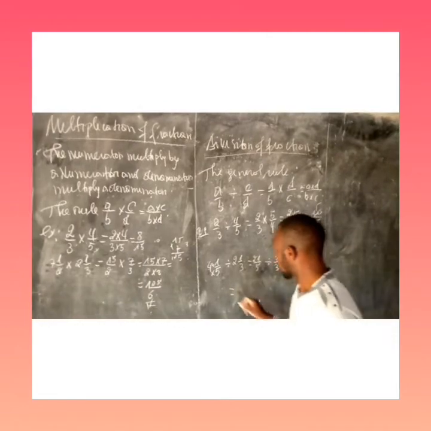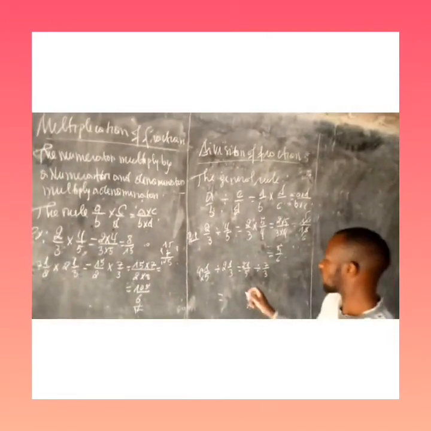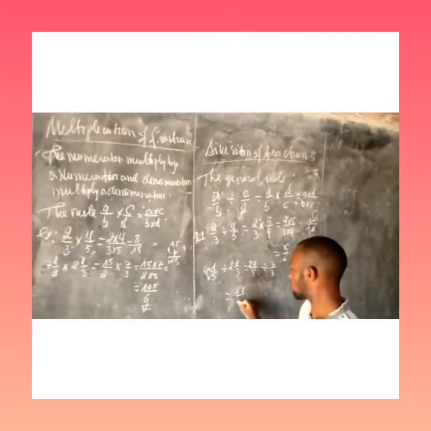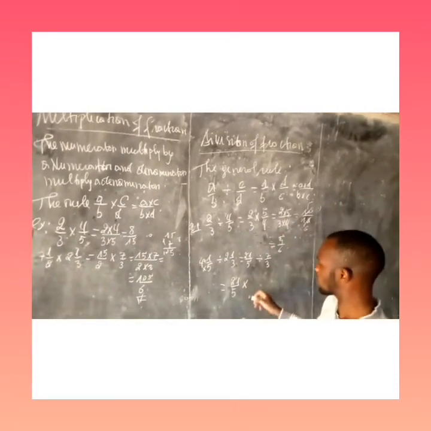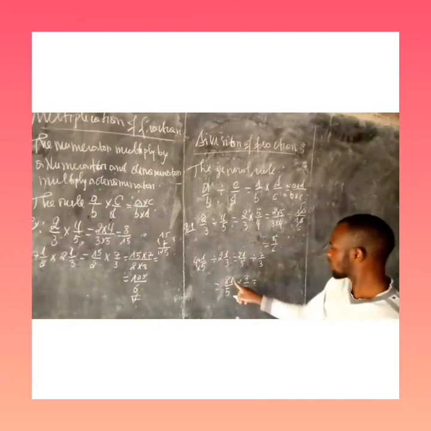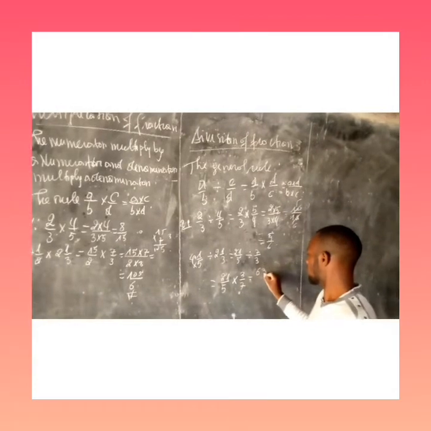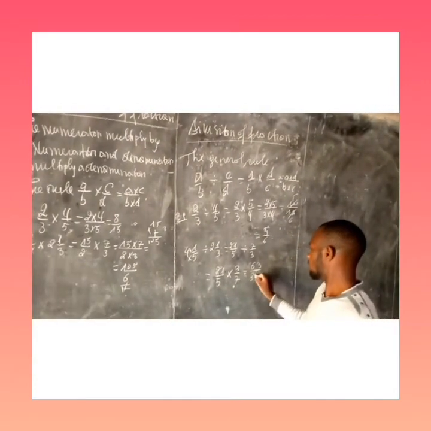Now this is a division of 2 fractions, and we get 21 over 5 times the reciprocal or the inverse of the second fraction, which is 3 over 7, which is equal to 21 times 3, we get 63 over 5 times 7, we get 35.